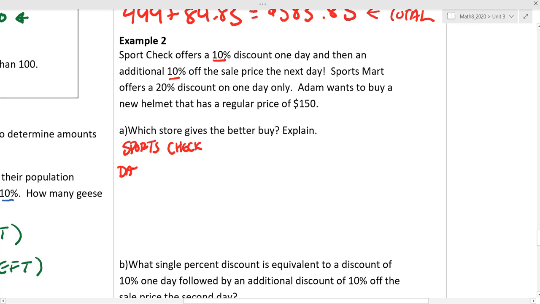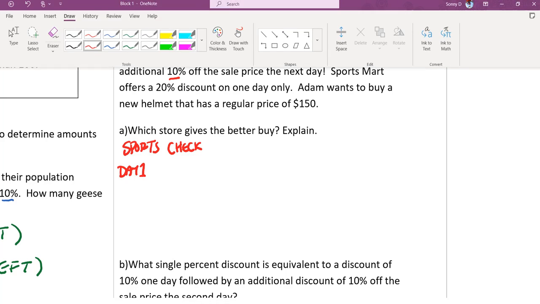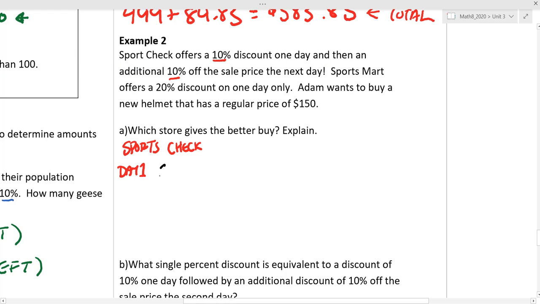On day one, they give you 10% off. 10% as a decimal is 0.10. We're dividing by 100 or moving the decimal 2 places to the left. Then we multiply by the price of the item. So 10% of 150, you're multiplying those numbers.